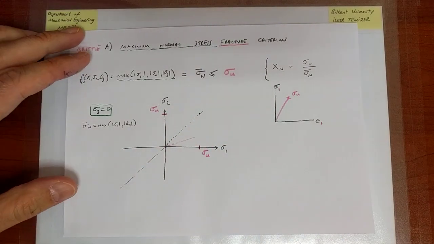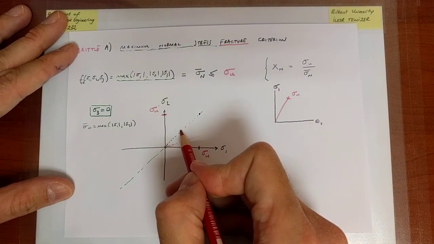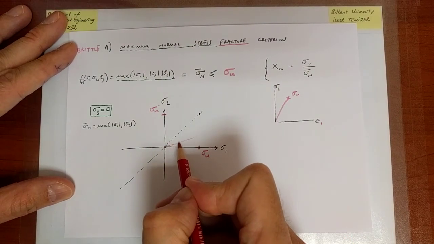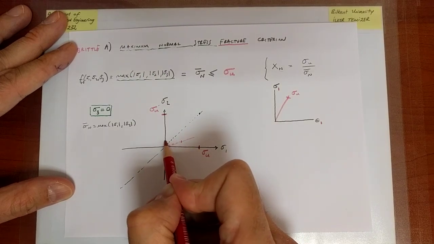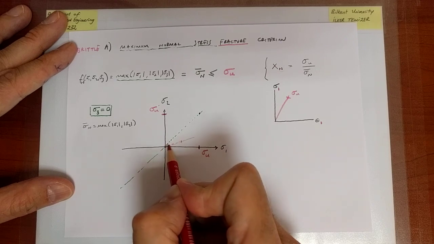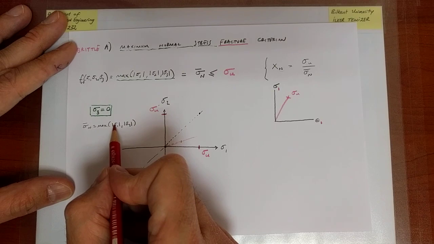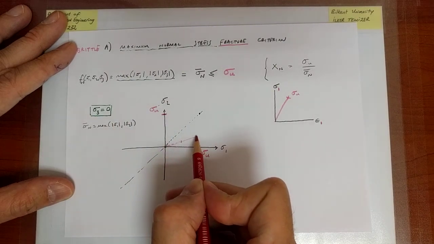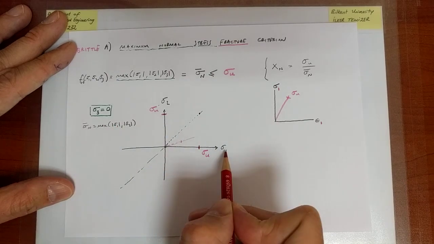I see that here, because I'm below the line, the value of sigma 1 at any point is always larger than the value of sigma 2 at that point as I increase proportionally both of them. So this criterion for this loading line will spit out the max of the two being equal to the value of sigma 1 because it's positive.